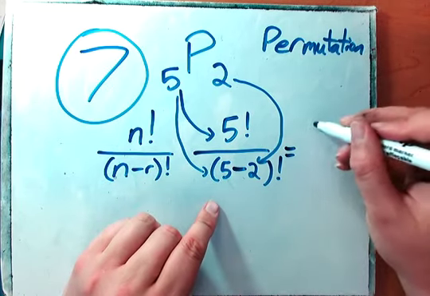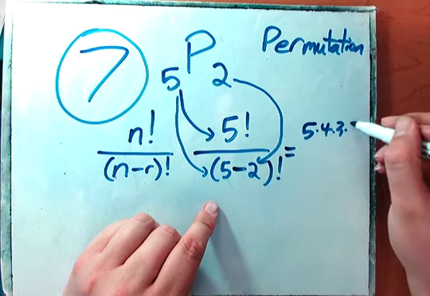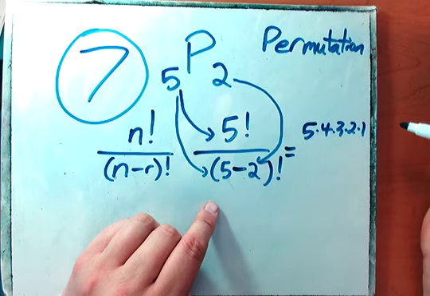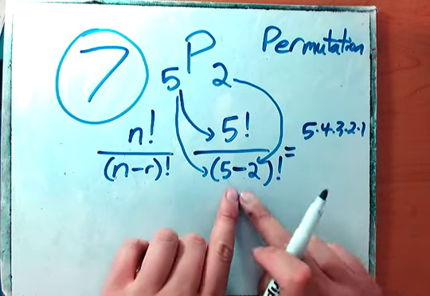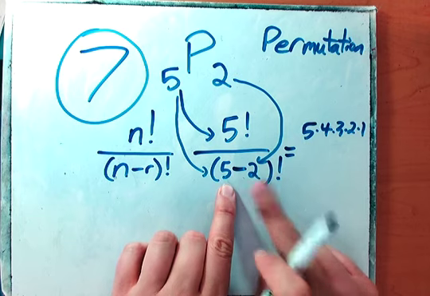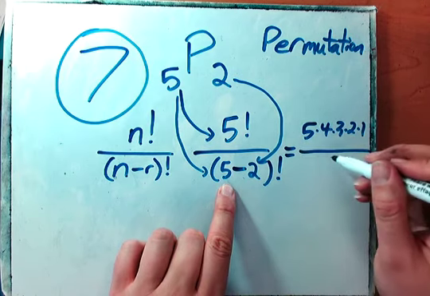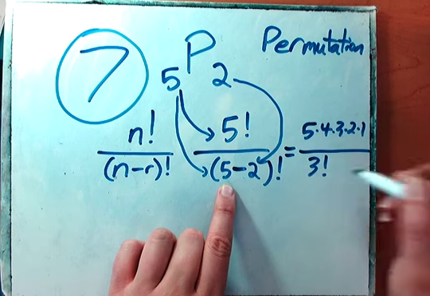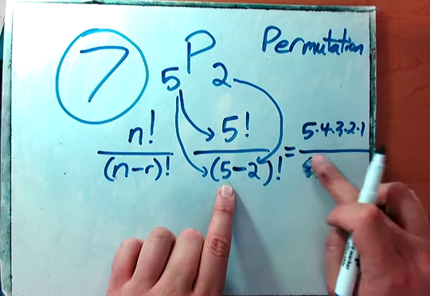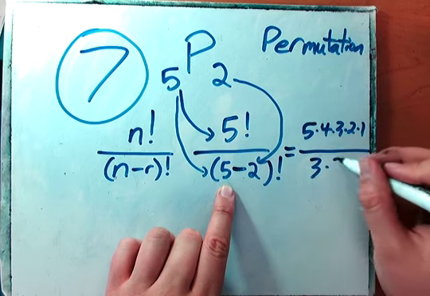So now I've got 5 factorial, which is 5 times 4 times 3 times 2 times 1. And on the bottom, I have to do what's inside the brackets first. So I do 5 minus 2, which is just 3 factorial. But 3 factorial actually equals 3 times 2 times 1.